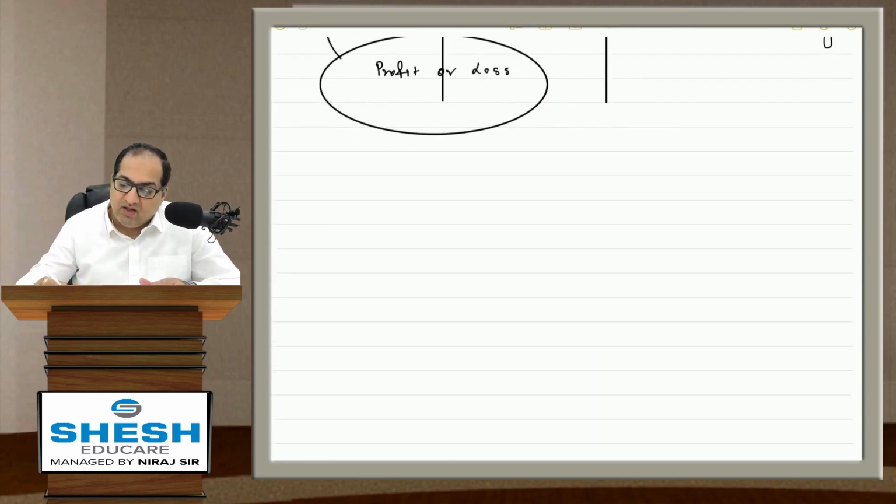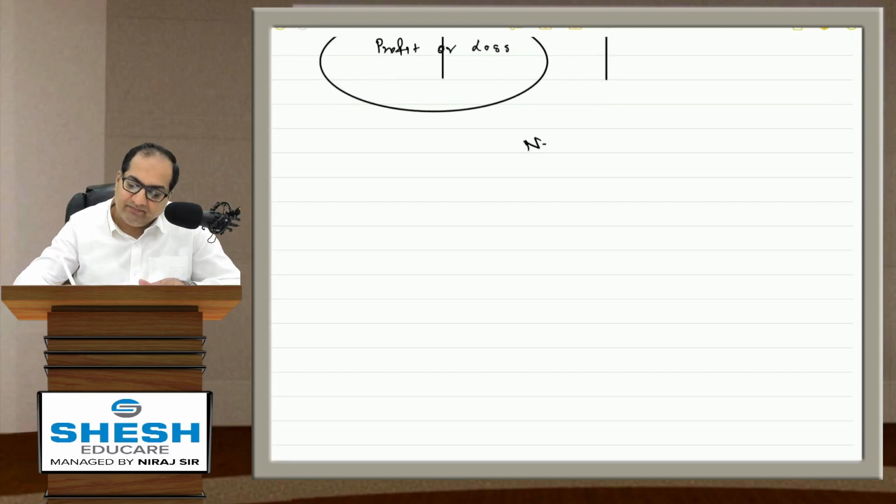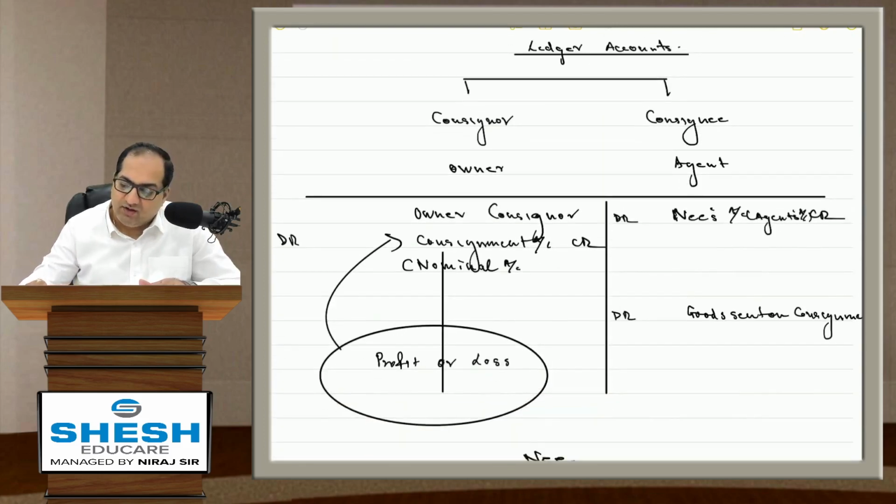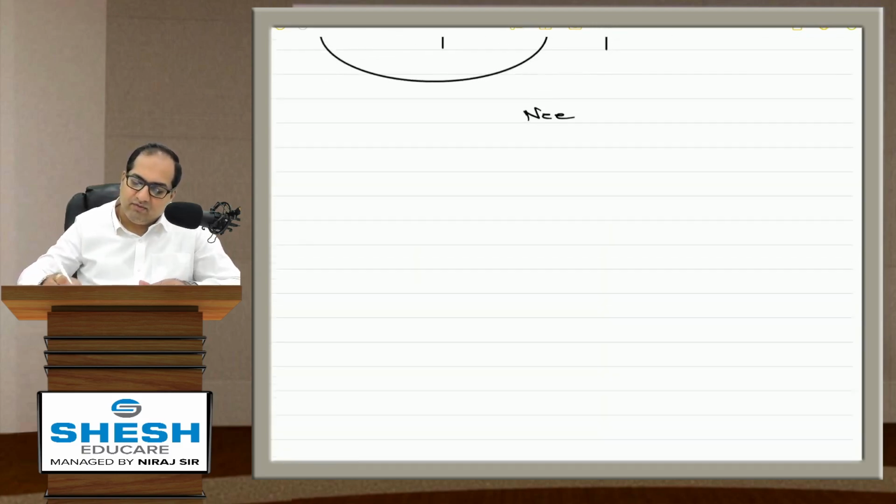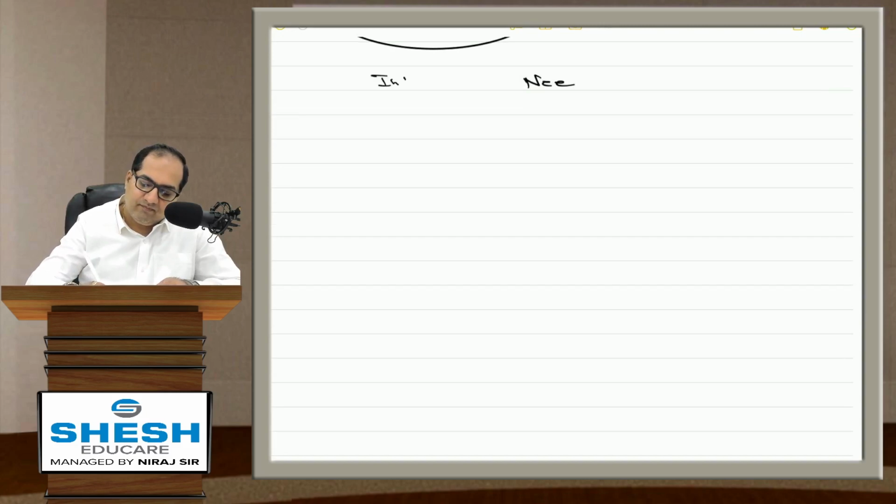Now, this was all in the books of the consignor, the owner. Now in the books of the agent, the consignee.